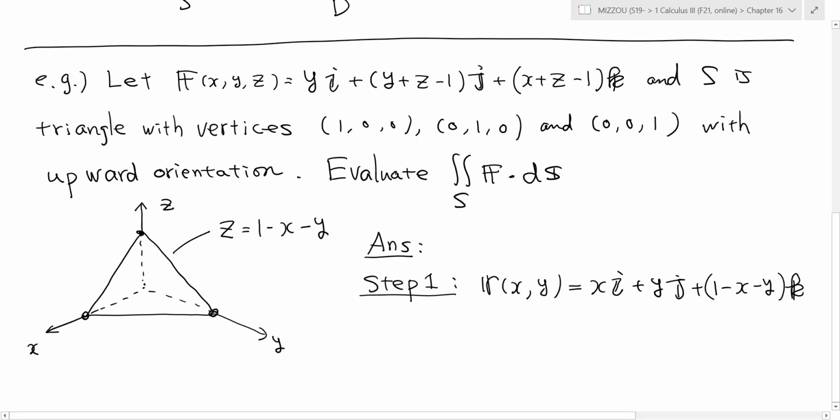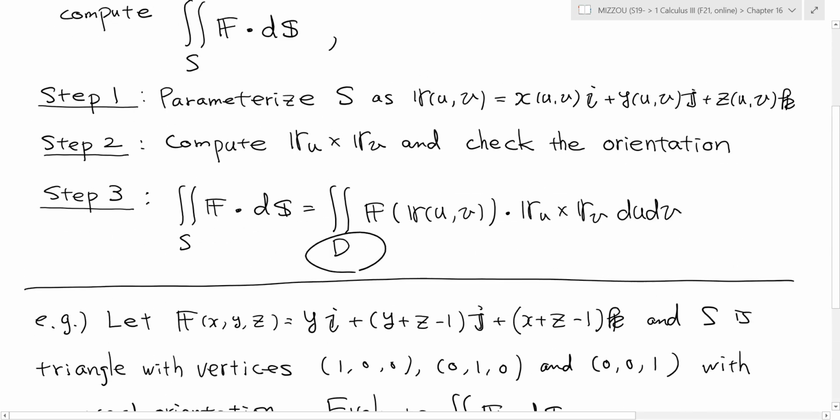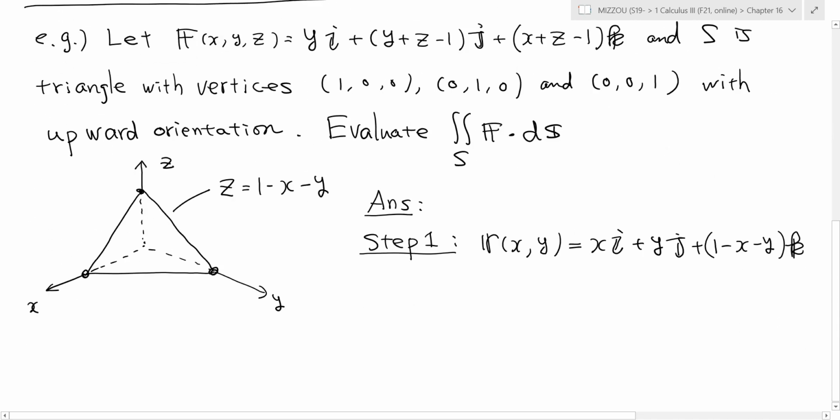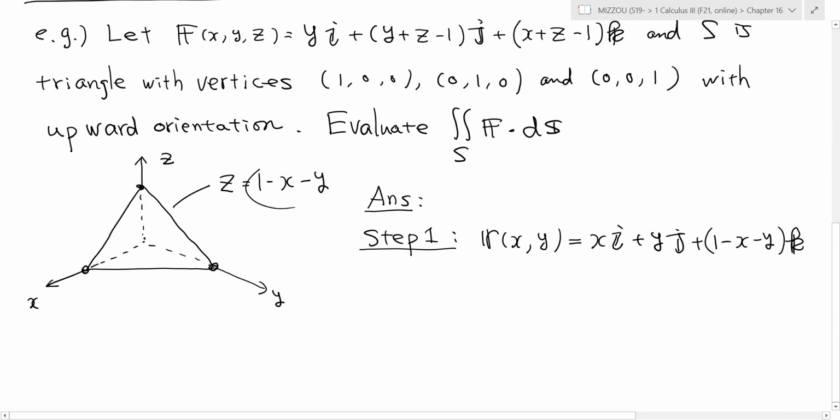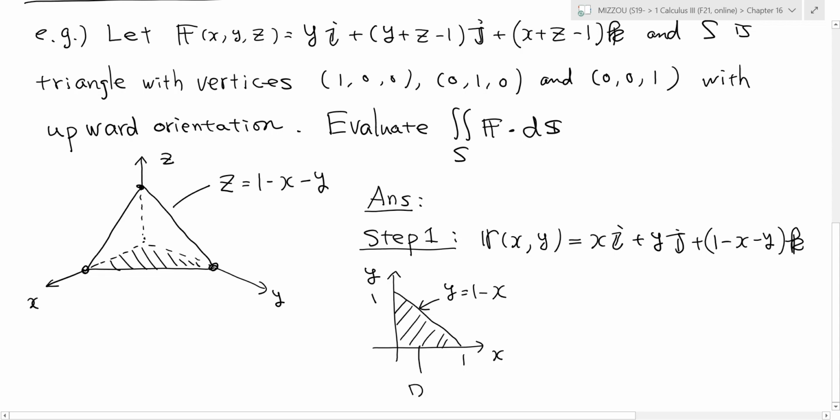Step 1 is done, but we have to figure out the domain of the integration, D, at this step. That is obtained by all the possible regions x and y can move around in for this surface. In this case, D is the triangle like this, with vertices at 0, 1 and 1, and this line is y = 1 - x.